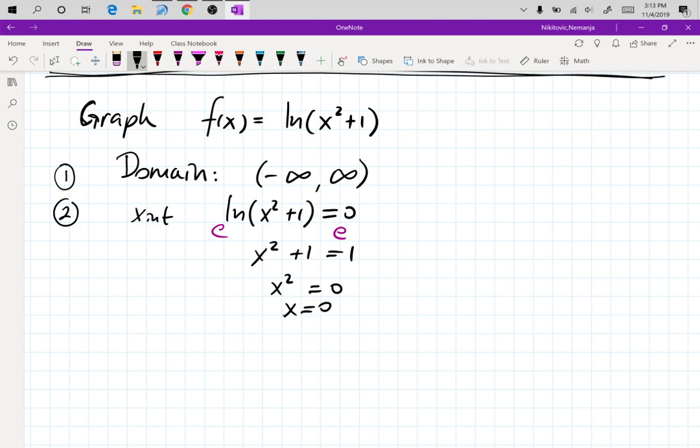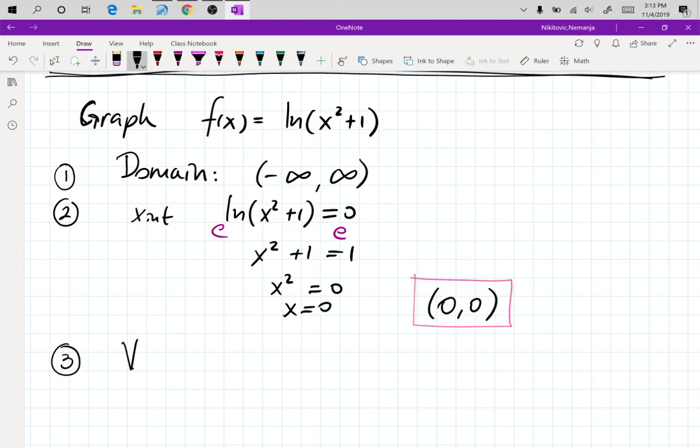Actually, you set y to 0, so you know y is 0. So you get (0, 0), and that is your x and y intercept at the same time, because it's the intersection of the graph at the origin.